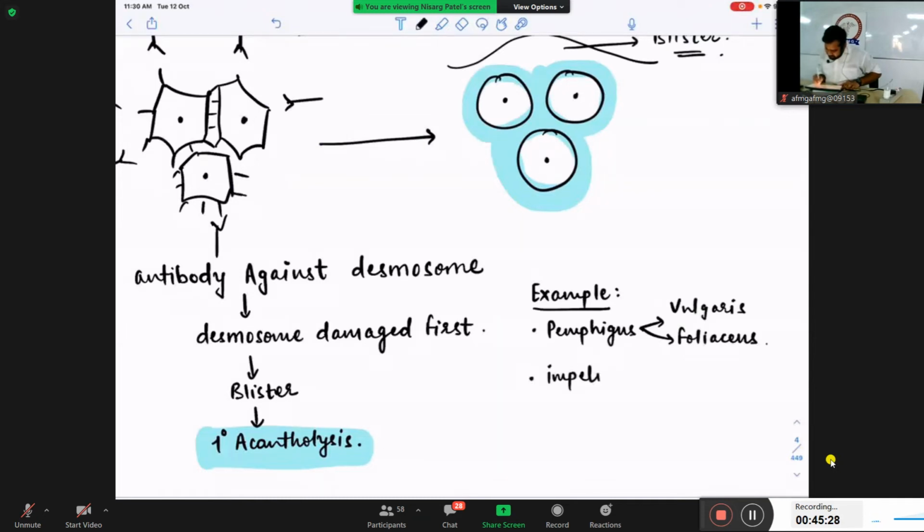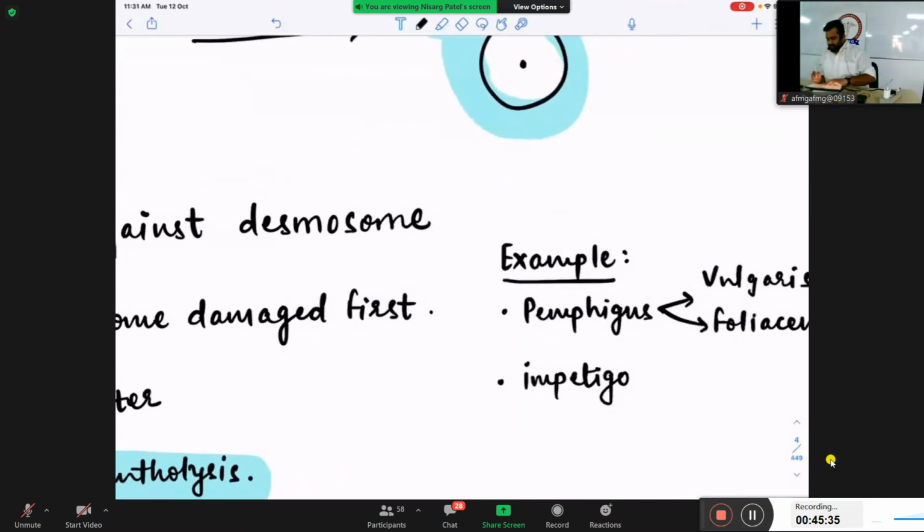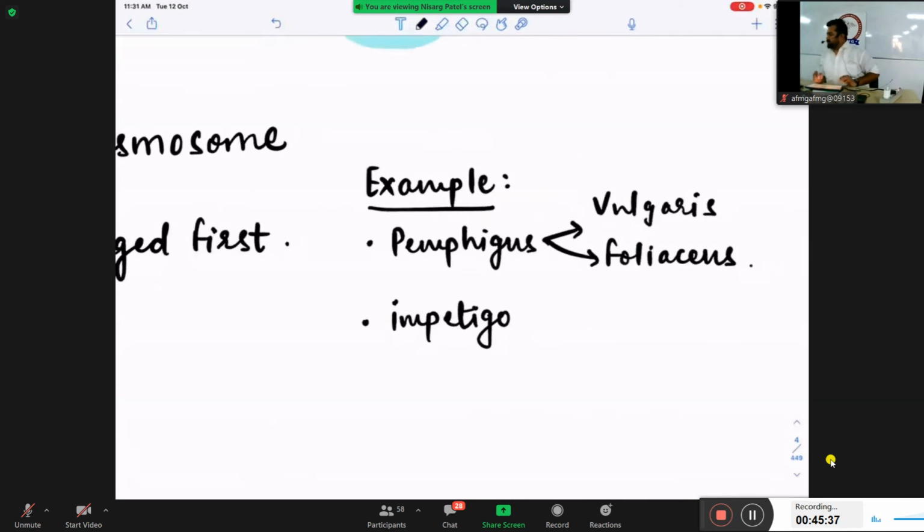If a person develops impetigo, what is the causative agent of impetigo? Yes, it is Staph aureus. When this disease is caused by Staphylococcus aureus, listen carefully.